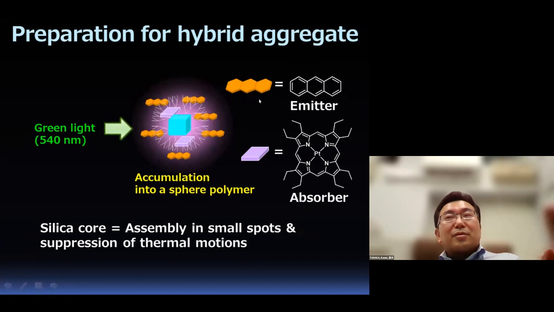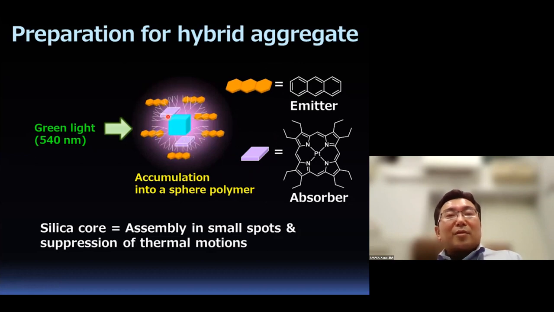This molecule has low solubility, and in this case we cannot obtain the up conversion effect, but by employing such a spheric polymer with a hybrid core, we can accumulate the emitting molecule and light absorber.